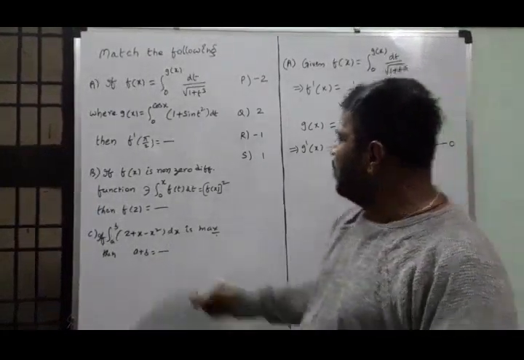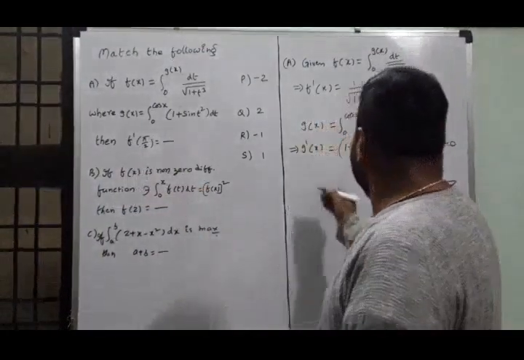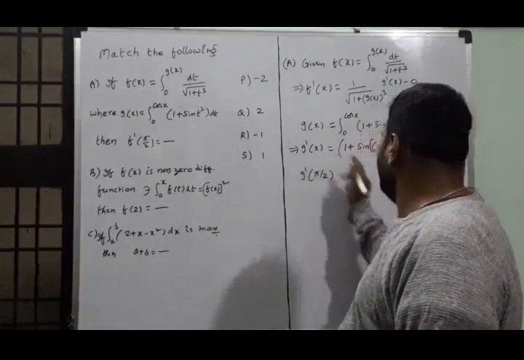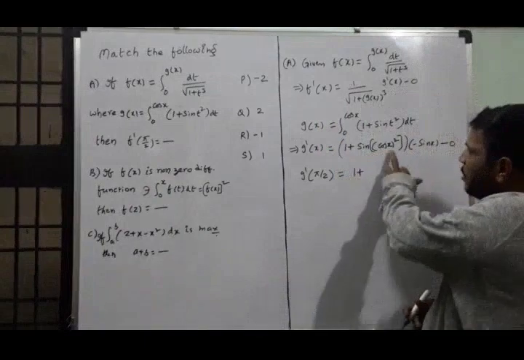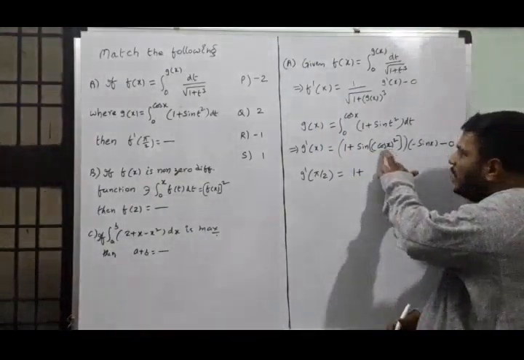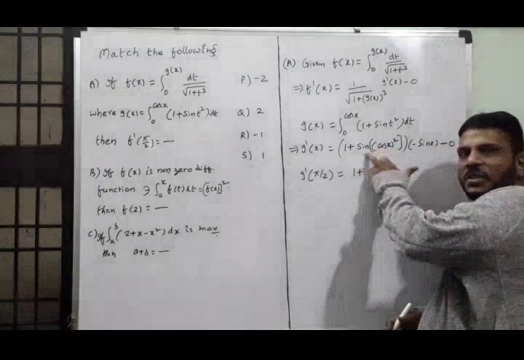Okay. Now you need to find out f dash pi by 2. So substitute x is equal to pi by 2 here. g dash pi by 2 is equal to 1 plus sin of cos pi by 2. What is cos 90? 0. Sin 0? 0.